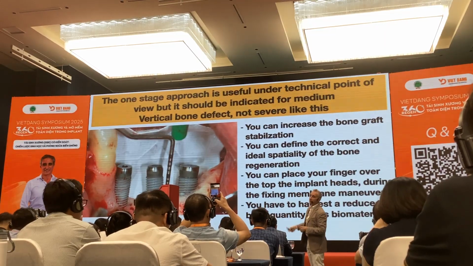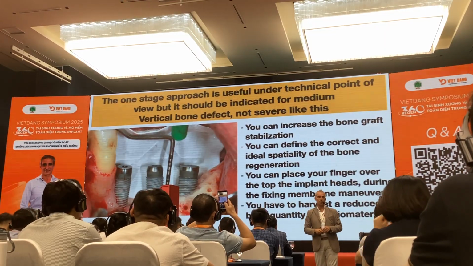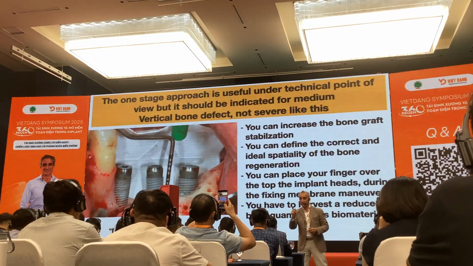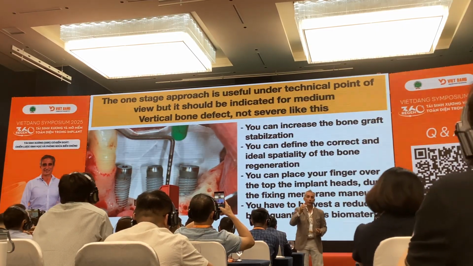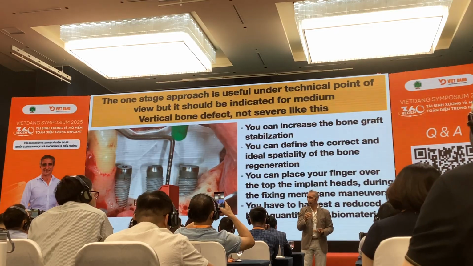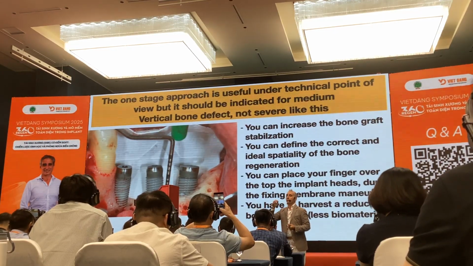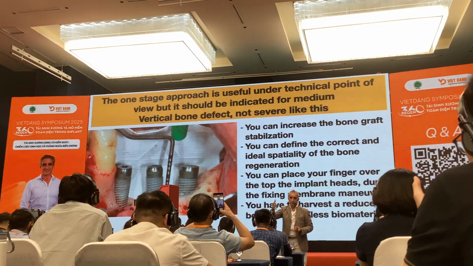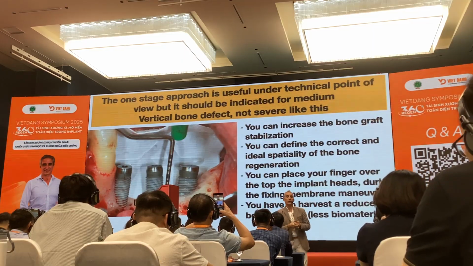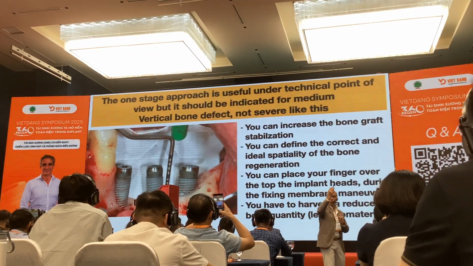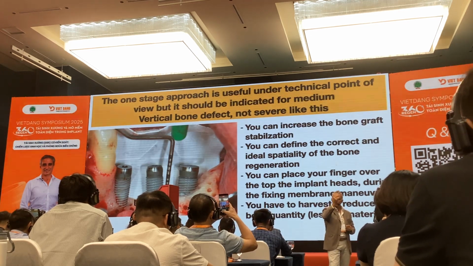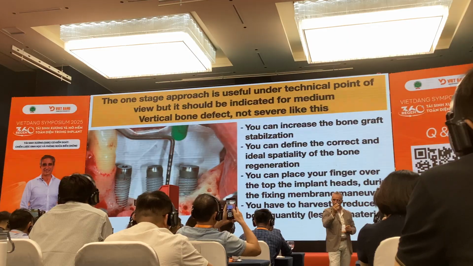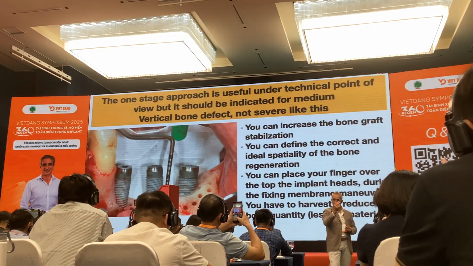And when you place the implants in a one-stage approach, if you place the implants correctly, with a surgical guide, with correct planning, with the study of the prosthesis, in that way you can have an indication where the center of the implants or the crown is placed.